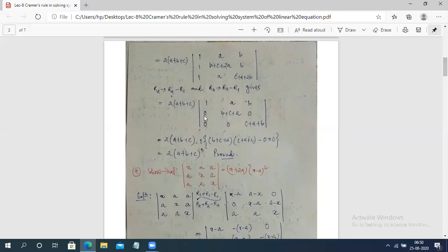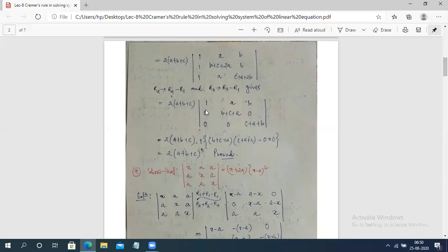So 1 minus 1, 0. b plus c plus 2a minus a, that is b plus c plus a. b minus b, that is 0. So R2 is complete. Now R3, we are changing R3 into R3 minus R1. So 1 minus 1, 0. a minus a, 0. c plus a plus 2b minus b, that is c plus a plus b.